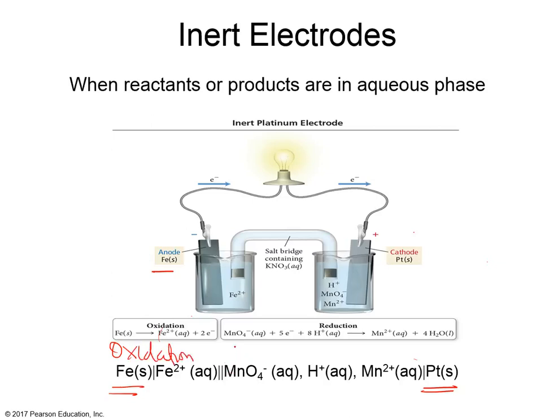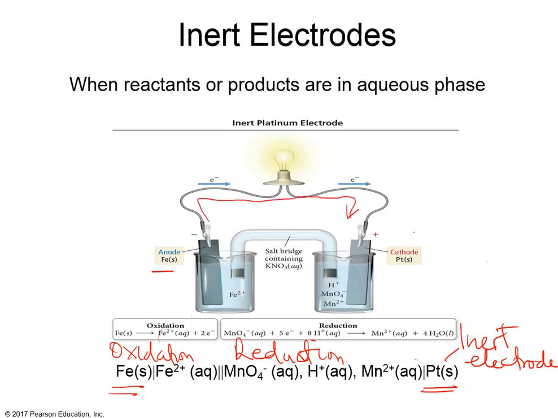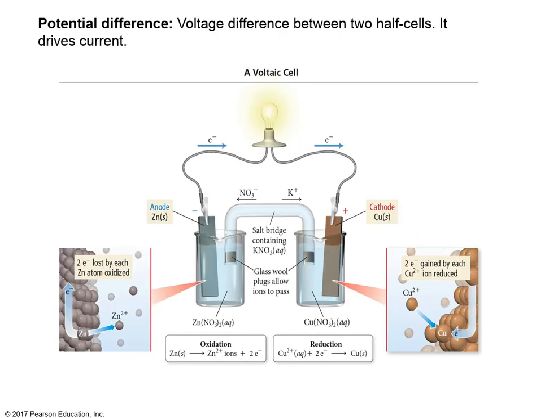After the salt bridge, this part is reduction, while this one is just an inert electrode. So that is a line notation when you have platinum or when you have an inert electrode. So as usual, the electrons will move from anode all the way to cathode.